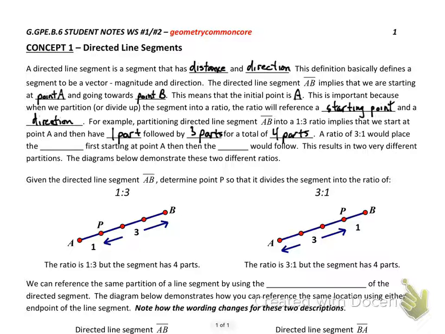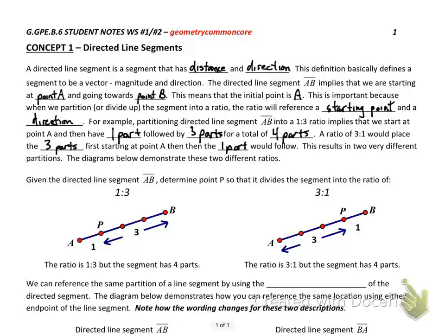Now, if we change that ratio, we're not changing the directed line segment, it's still from A to B. But if we change the ratio to 3-to-1, then we would place the 3 parts first, starting at point A, and then the 1 part would follow. And we get 2 very different partitions this way.